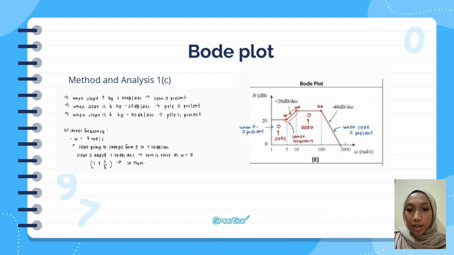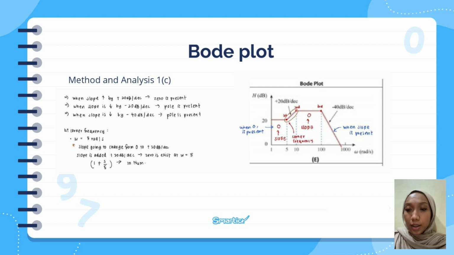As you can see in the slide, the concept is when the slope increases by positive 20 dB per decade, a zero is present, while when the slope decreases by negative 20 dB per decade, a pole is present, and when the slope decreases by negative 40 dB per decade, a pole is present.